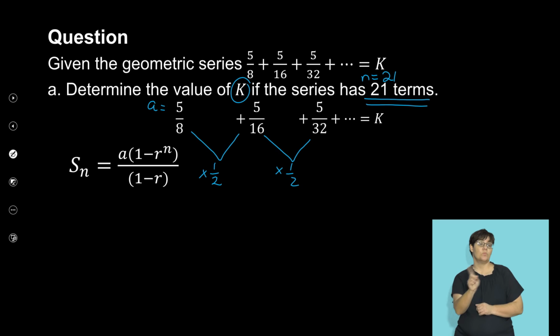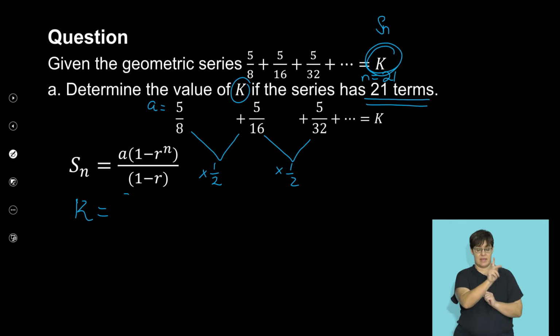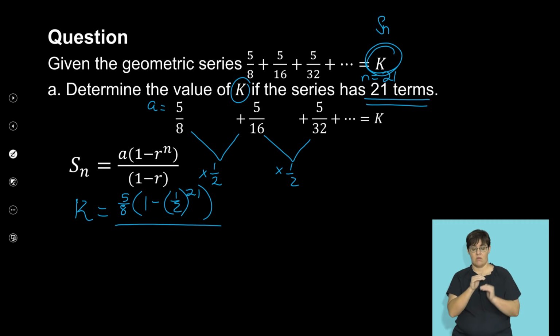I just need to solve for k, and k is my Sn because this is what the sum is equal to. So I'm going to substitute in k for Sn, which will be equal to 5/8, open bracket 1 minus a half to the power of 21 because there are 21 terms, all over 1 minus a half.